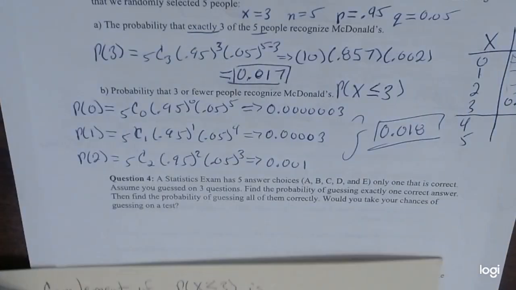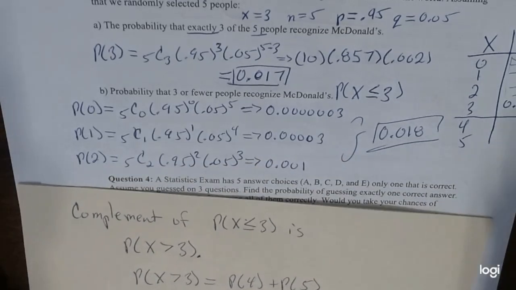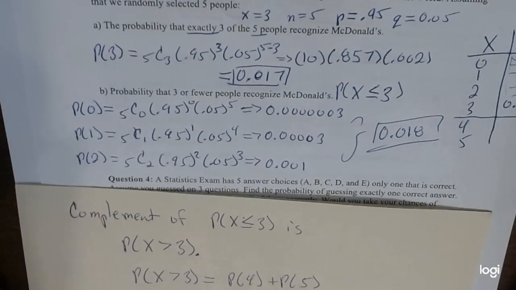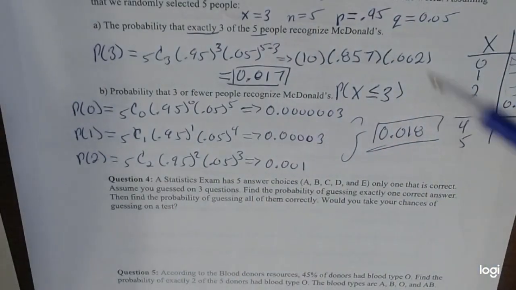Did I subtract this wrong? Oh, yes, I did. Huh. No. Let me try that again. 0.0022. Let me see. Did I do this wrong?